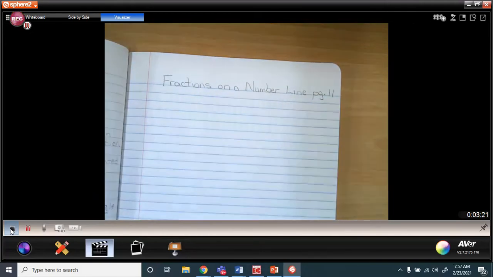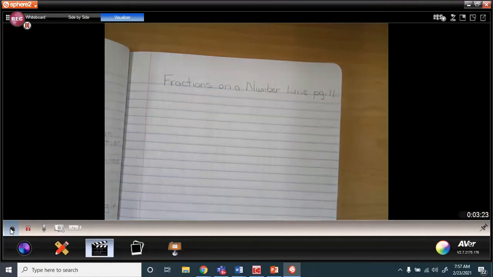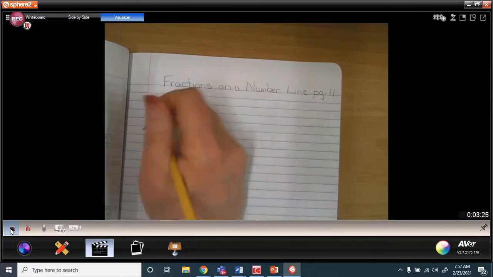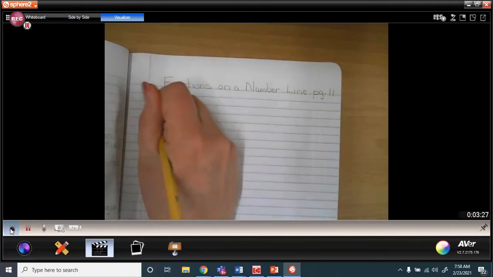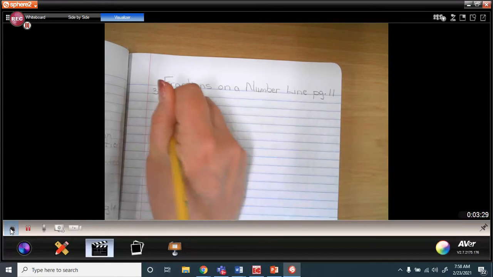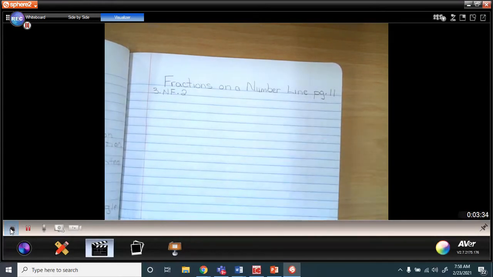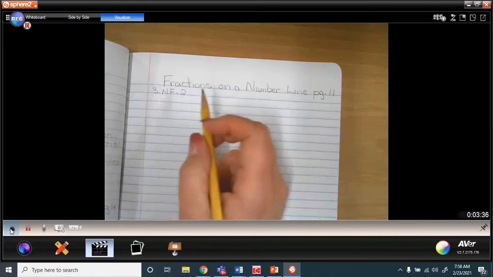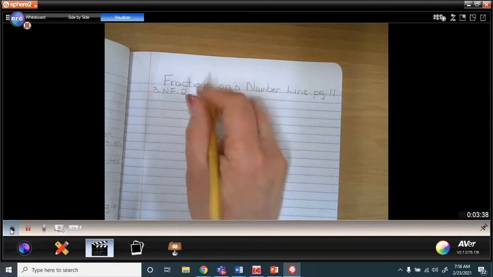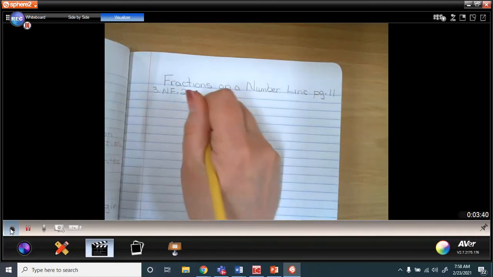Fractions on a number line. So we're going to write the standard. What do we want to be able to do once we are finished with this particular concept or understanding?